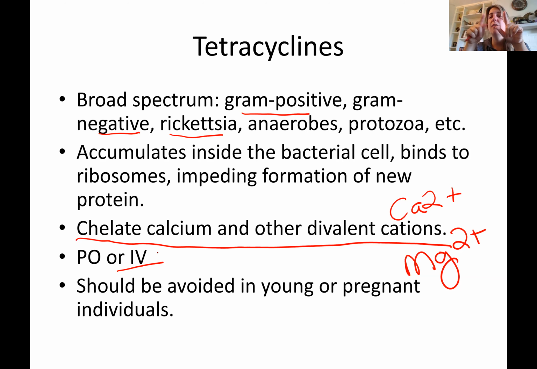So you give very slowly. Some veterinarians get the dose, and then they also add more saline to the dose to be able to give it very slowly, or just give it very, very slowly so that as it gets to the heart, it doesn't stop the heart, okay? Like I said, it should be avoided in young or pregnant individuals.